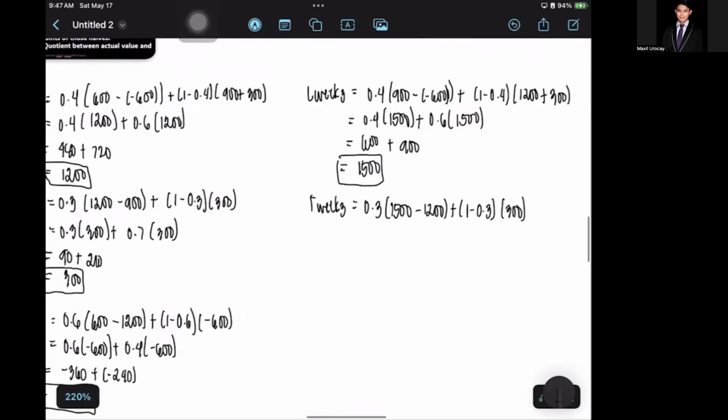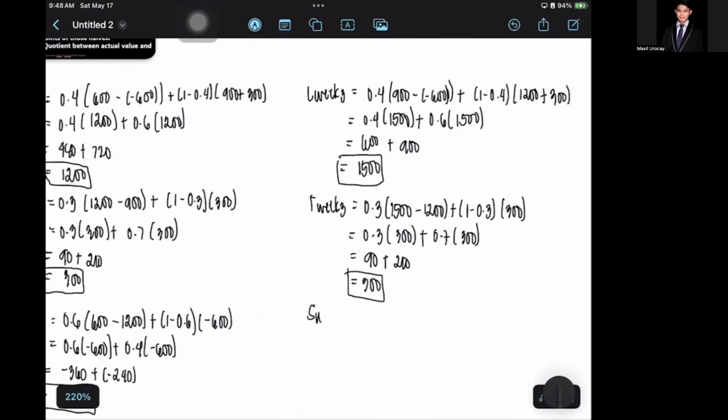So what will happen right now? 1,500 minus 1,200, it will become 300. Plus 0.7 times 300. Calculating that, 0.3 times 300 is 90, then 0.7 times 300 is 210. So calculating that will equate to 300.